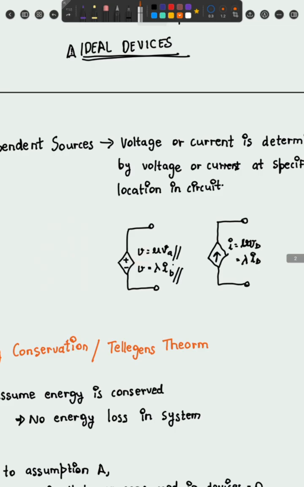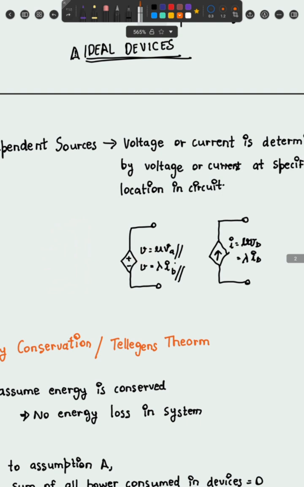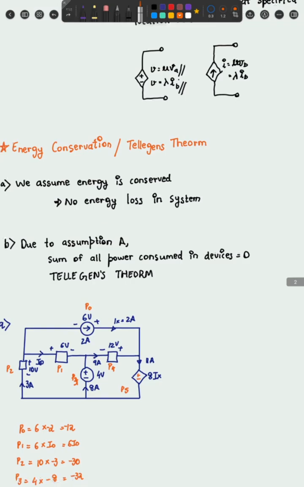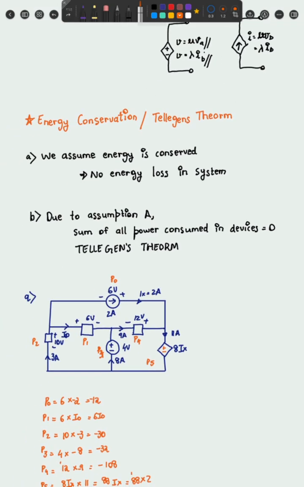You have devices like transistors, and while modeling them you would use this concept, where the current in one of the terminals decides the voltage in the other terminal, and so on. You need not break your head over this, but this is something we use to model transistors, which we will see later.